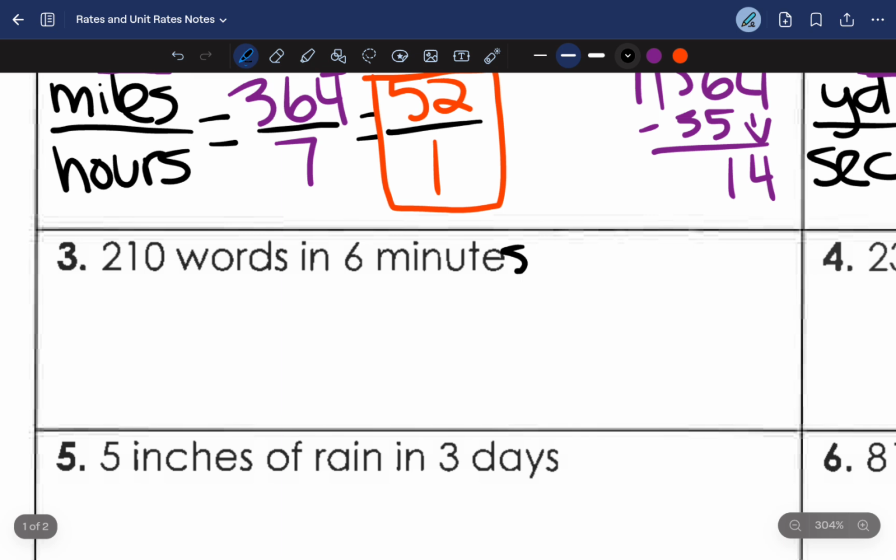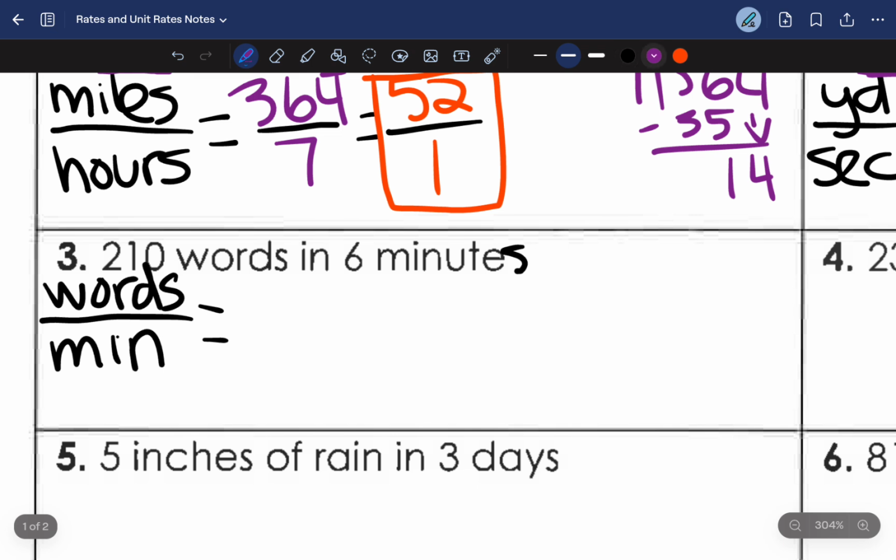So we're going to use our labels. That's what we call them, the units, labels, whatever it may be. We're just going to write words over minutes. All right, so that's the labels. Now we're just going to put the numbers that are associated with our units.